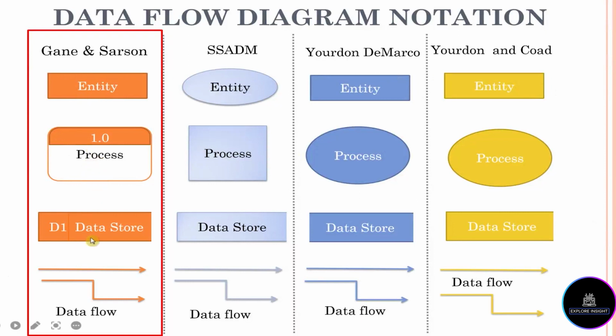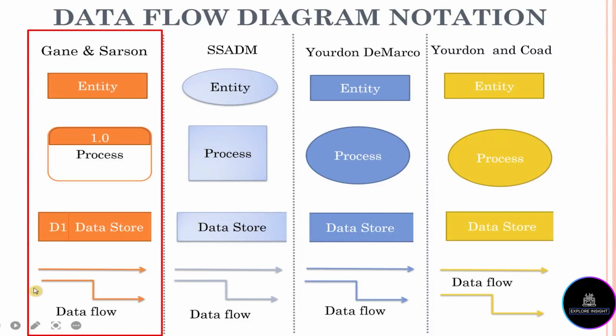Moving over to the data store, it is a rectangle with the right side open. And for the data flow, it uses the arrow. Additionally, it can be seen that both in the data store and the processes, we have the reference tag. I would like to talk about this later.